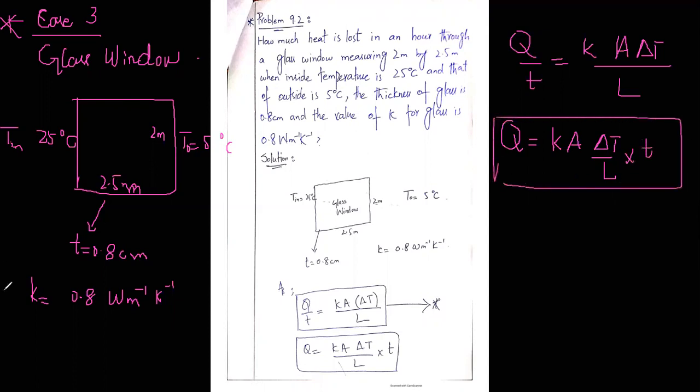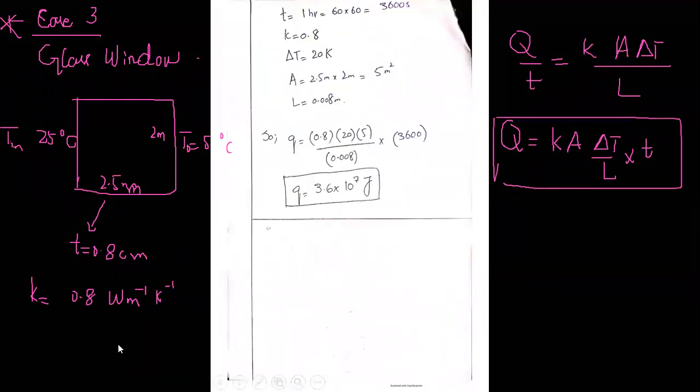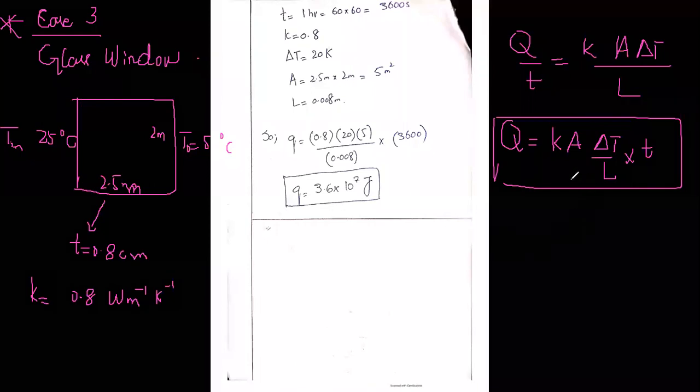The time is given as 1 hour, so we convert it into seconds. K is 0.8, delta T is 20 degrees Celsius, and the area is 2 meters multiplied by 2.5, which equals 5 meters square.